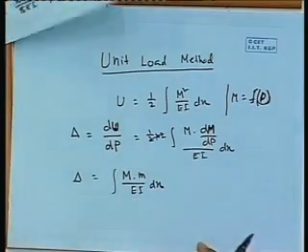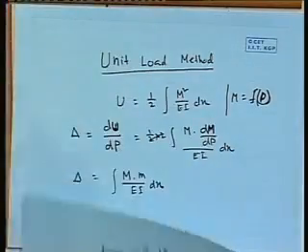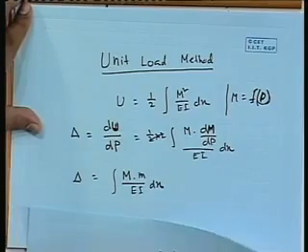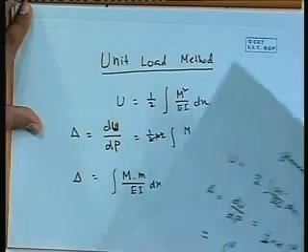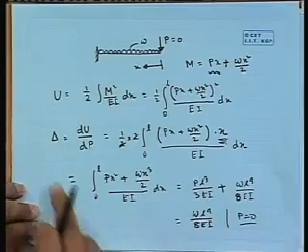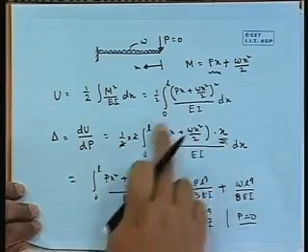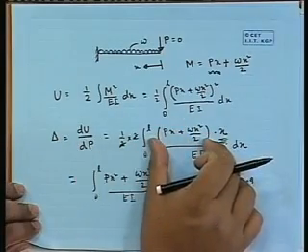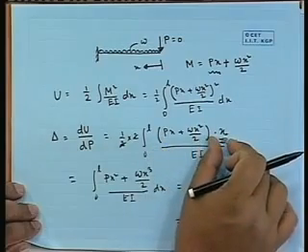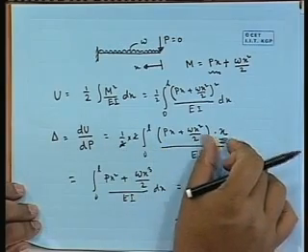Now, take this problem. I am keeping both the sheets here, or this one I got from the earlier sheet, I am putting it here. So, delta, this is basically capital M, and this part is small m.